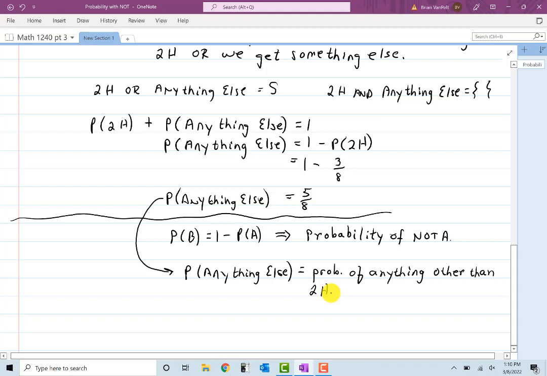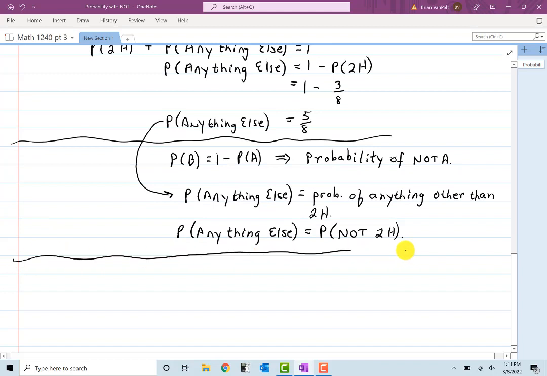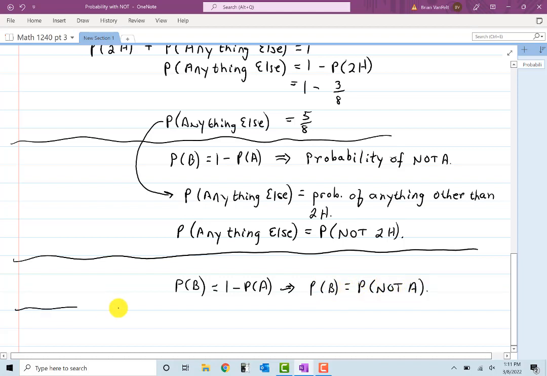Or another way to put it is the probability of anything else is equal to the probability of not 2H. So that's really what I want. The formula that I'm looking for then, if we have P of B equals 1 minus P of A, this means that P, the probability of B, is equal to the probability of not A.